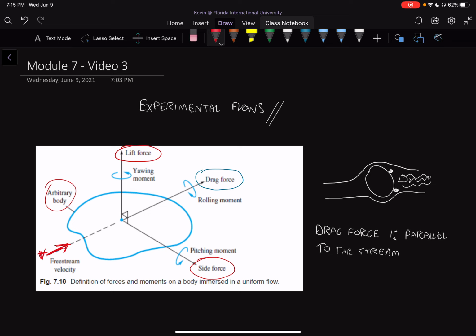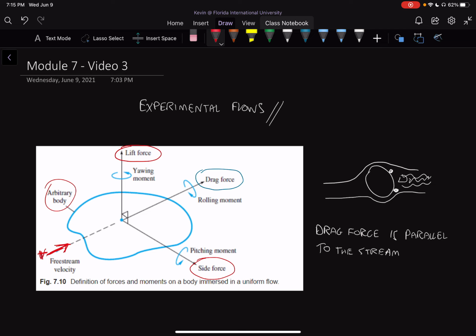Okay, so if the body that it's hitting is not symmetrical, then there's going to be a side force to one side or another. And the secondary forces that we deal with are moments, and those are called the rolling moment, the yawing moment, and the pitching moment. Okay, this is just a way to explain what is happening in general.